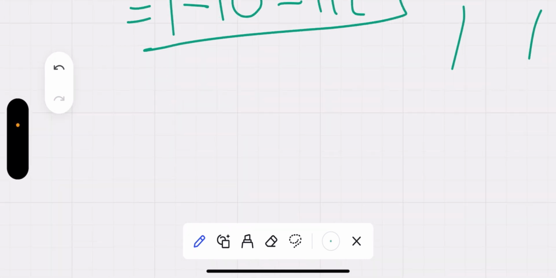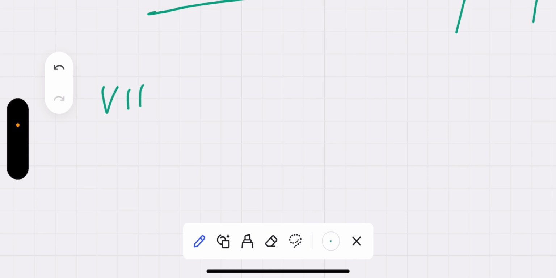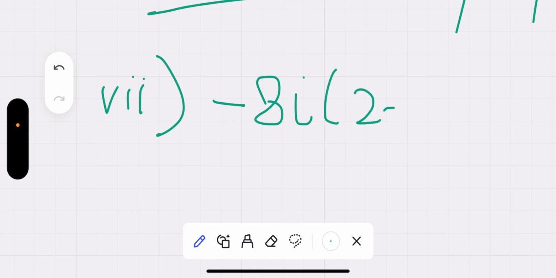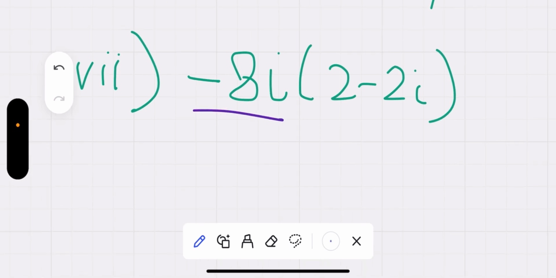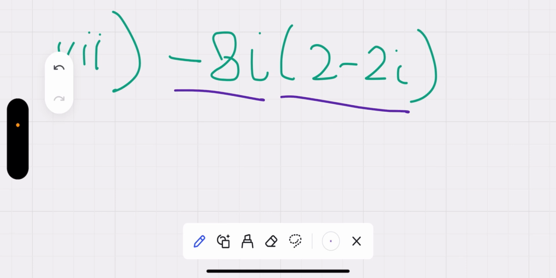Okay, next we have part number 7, minus 8 iota bracket 2 minus 2 iota. Okay, there are two complex numbers, this minus 8 iota and the whole bracket. So this minus 8 iota will be multiplied with both terms inside the bracket one by one.